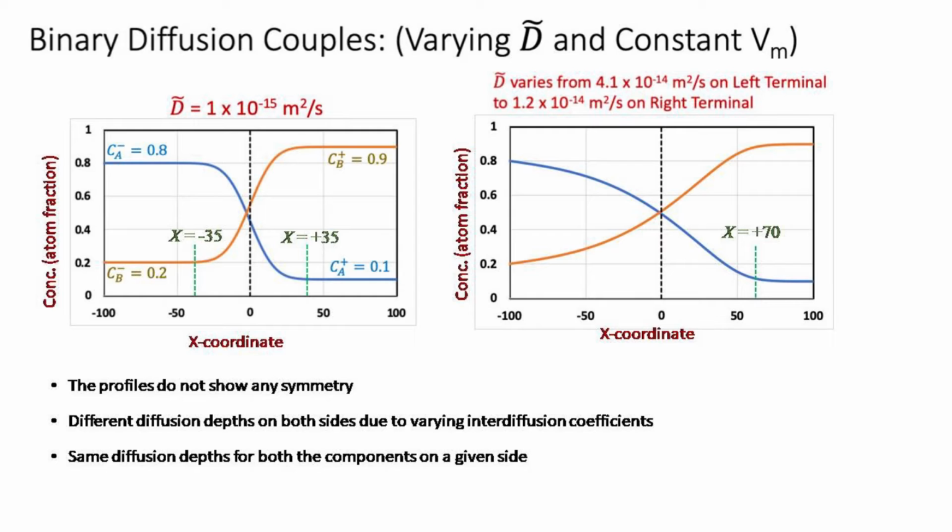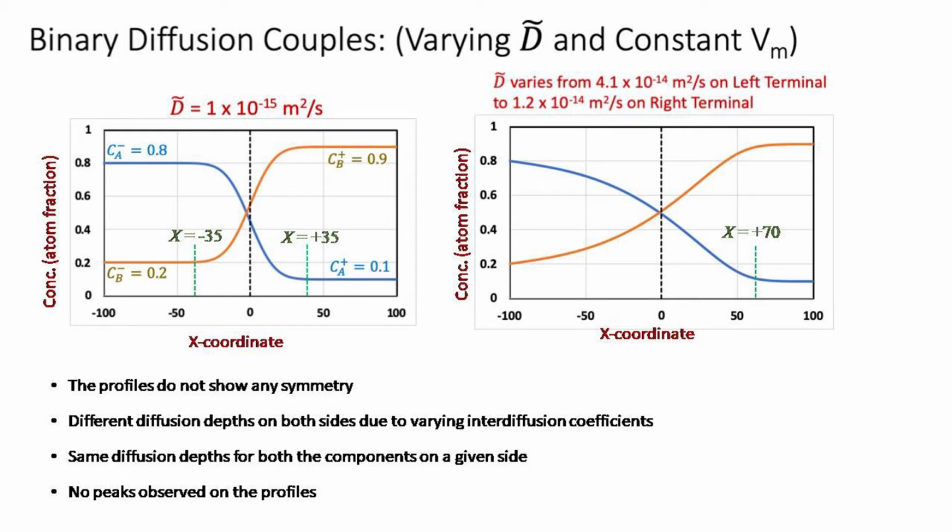These diffusion depths are different on either side, but on any given side the two components should show the same diffusion depth. Again, no peaks are observed because we have a single diffusivity characterizing the diffusion behavior of both the components and we have only one independent component and one independent interdiffusion flux. Now, this was about the binary diffusion profiles.